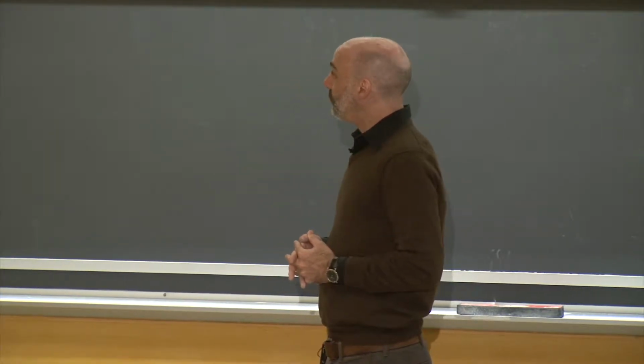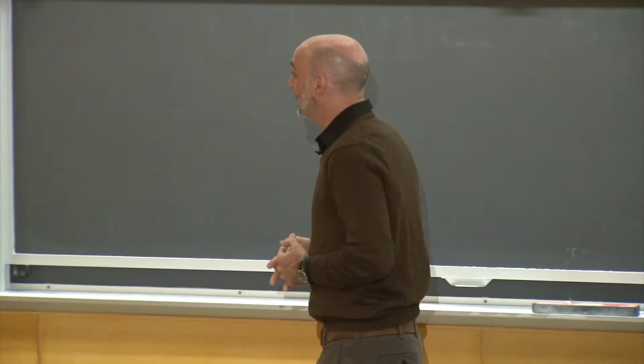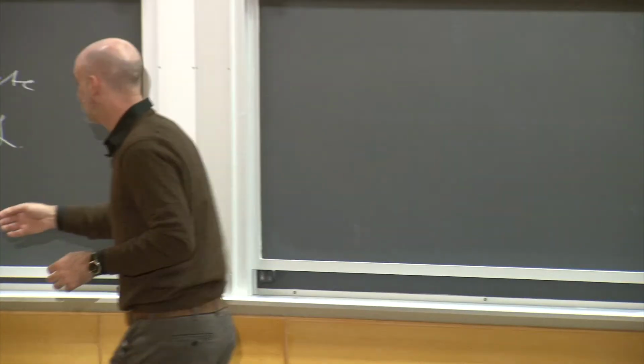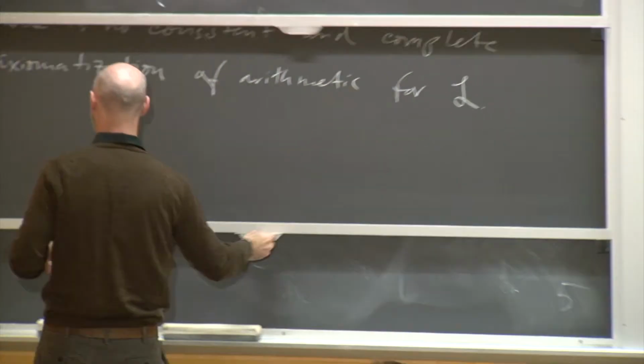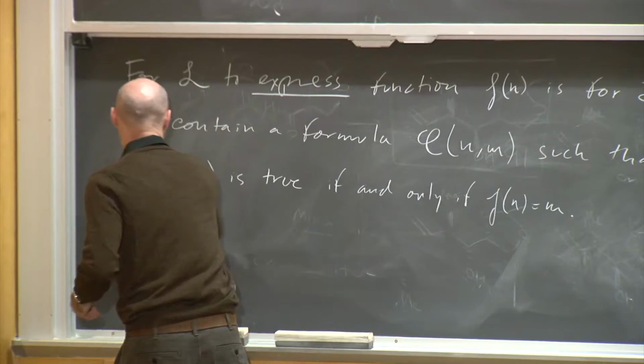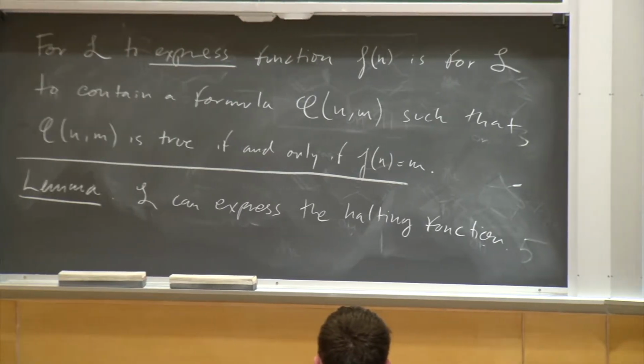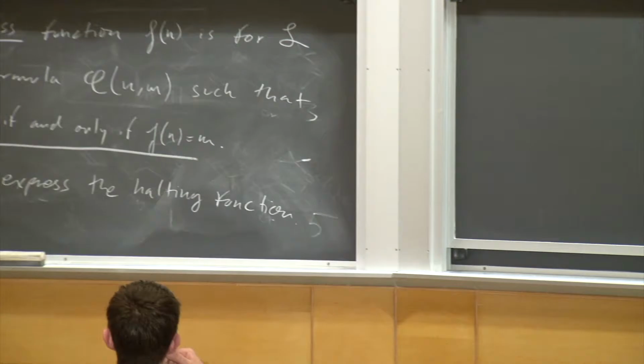Now, the way we're proving that is via a lemma, which I forgot to write down. So our lemma is that our language is powerful enough to express functions that are not computable.